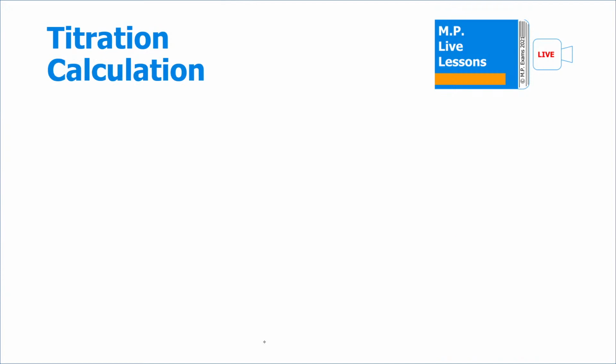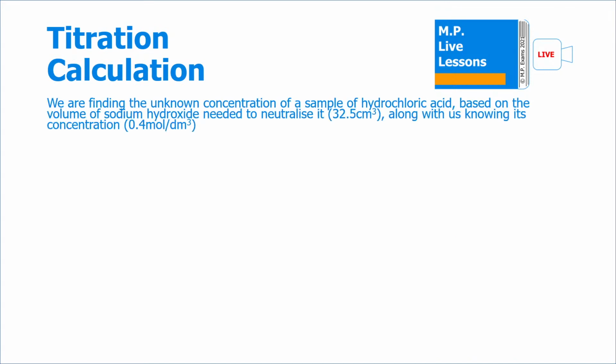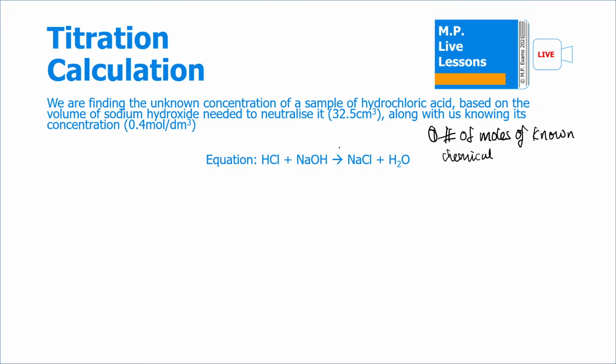Now, a bit of maths involved here. We're finding the unknown concentration of a sample of hydrochloric acid based on the volume of sodium hydroxide needed to neutralize it, along with us knowing its concentration. And we've got the equation here. There's a few steps involved here. First, you need to find the number of moles of the known chemical.